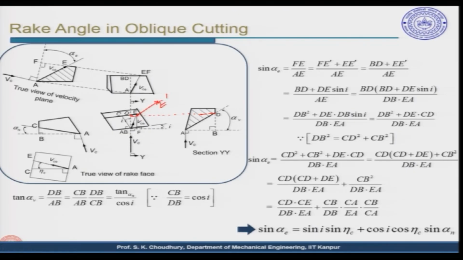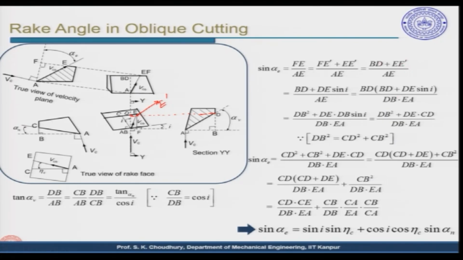This point is the E prime. Along the EF line, E prime is this and Fe prime is this, up to E prime. Now, this can be represented as Fe prime is BD plus EE prime. This geometry is not so complicated.